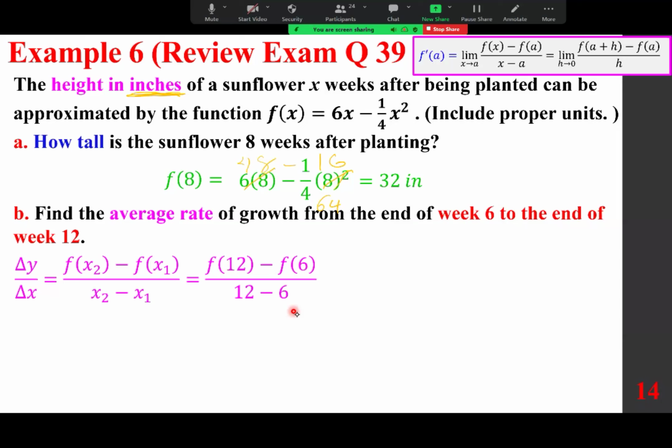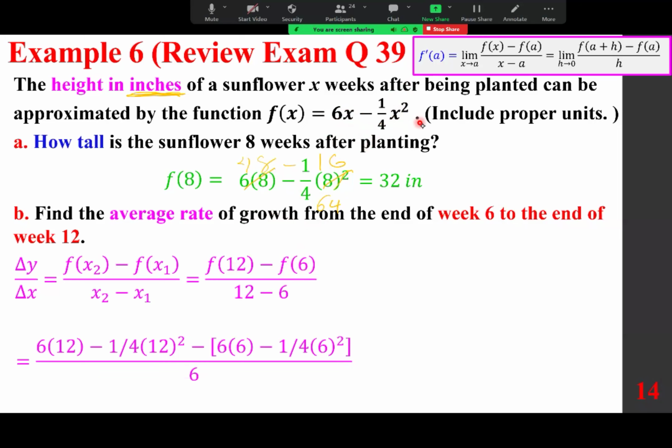So basically, plug into this formula x equals 12. You get 6 times 12 minus 1/4 of 12 squared. Minus, in the brackets or parentheses, 6 times 6 minus 1/4 of 6 squared.